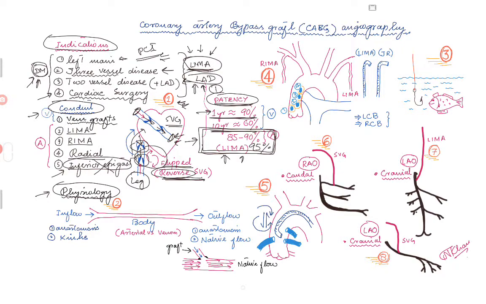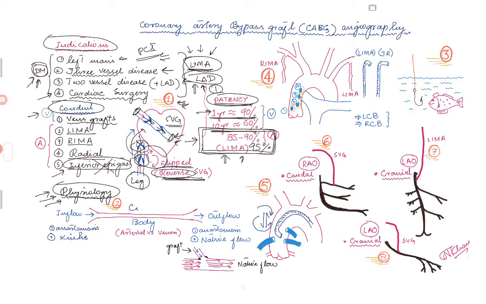And that's why in the beginning of the talk I was saying that if you're sending a patient for a CABG, ask your surgeon if they can give the patient a LIMA to the LAD, because that's going to be a deal breaker.